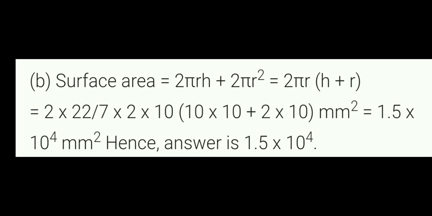So put the values: 2 into 22 upon 7 into 2 into 10 (into 10 because we have to convert these centimeter values into mm), so 2 into 10 into 10 plus 2 into 10, bracket close, mm square. After simplifying we get 1.5 into 10 to the power 4 mm square. Hence the answer is 1.5 into 10 to the power 4.